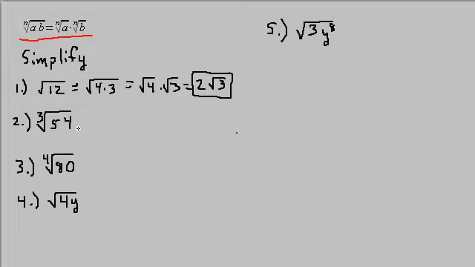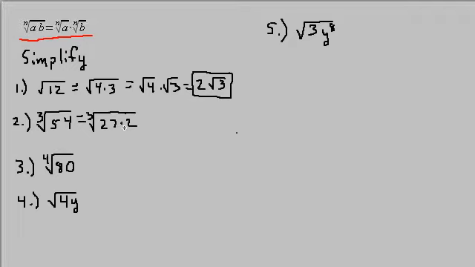Alright, let's look at this, the cube root of 54. Well, 54 is not a perfect cube, but it has a factor that's a perfect cube. So we can rewrite 54 as 27 times 2. Okay?